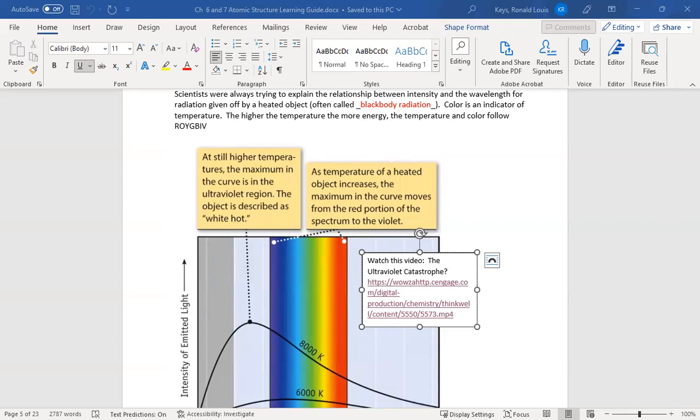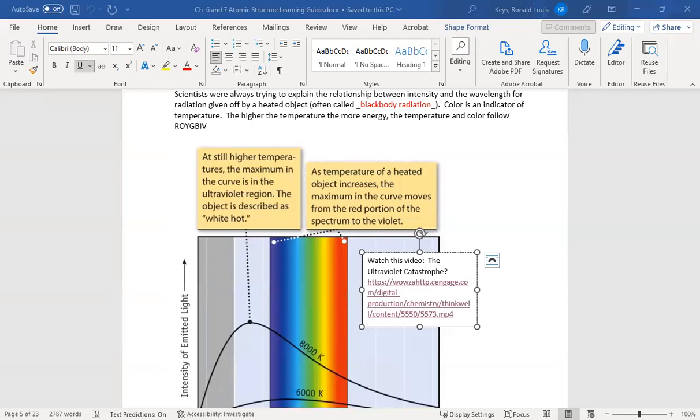Why does this happen? Why do we get frequencies of different intensities? There are videos that help us understand this.